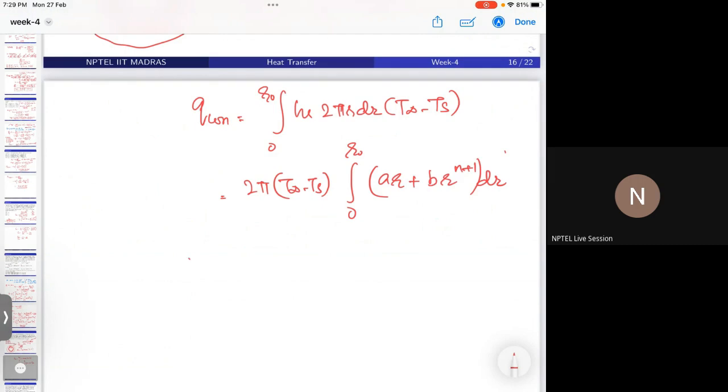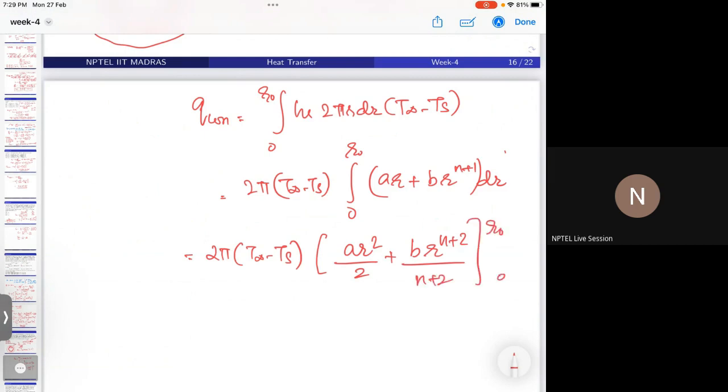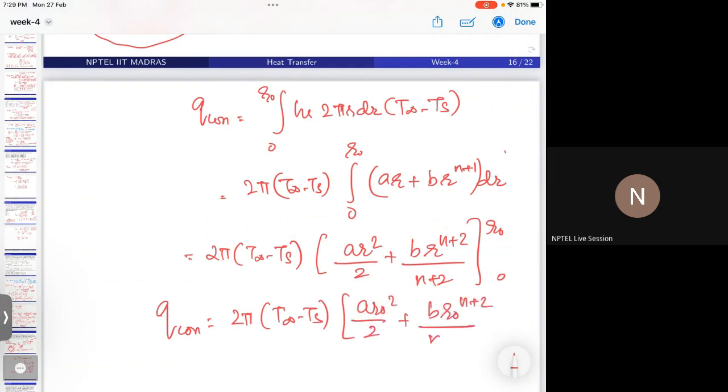Now if you integrate, a r square by 2 plus b r raised to n plus 2 by n plus 2, from 0 to r naught. So the q total convection is 2 pi (T infinity minus Ts) times (a r0 square by 2 plus b r0 raised to n plus 2 by n plus 2).